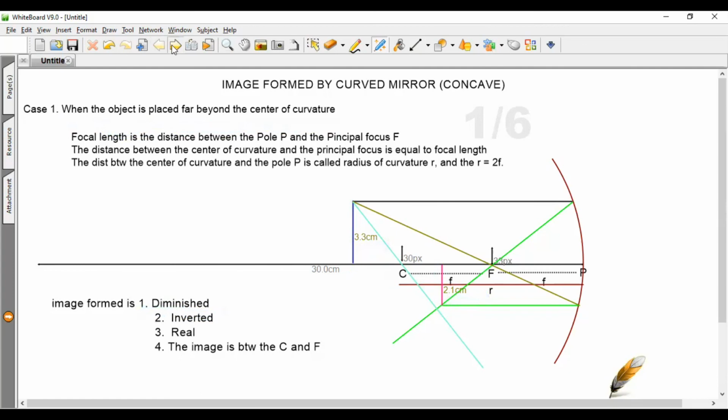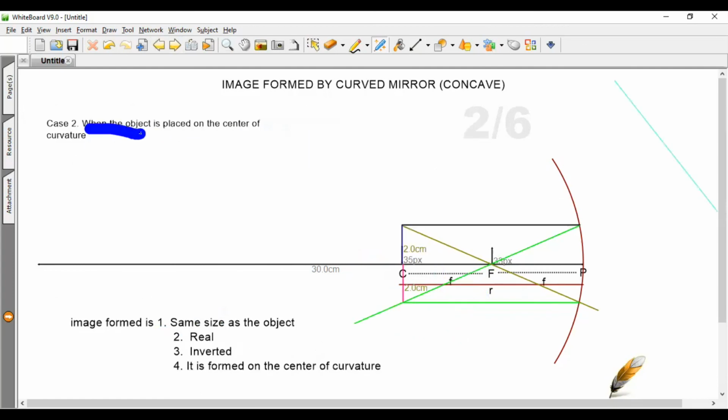Then we move on to the following one, which is when the object is placed on the center of curvature. Now this is the object on the center of curvature. We have the image at same size. The image is same size as the object.